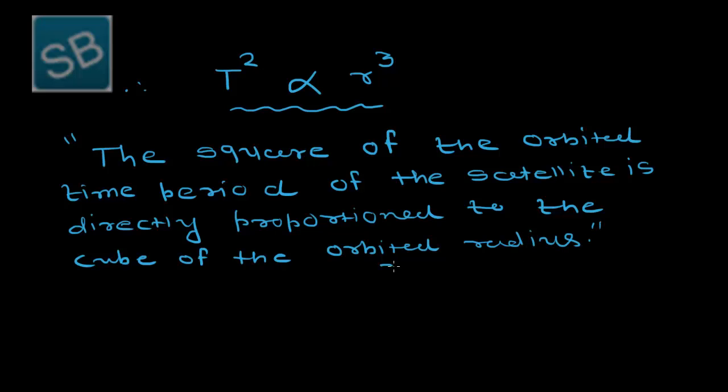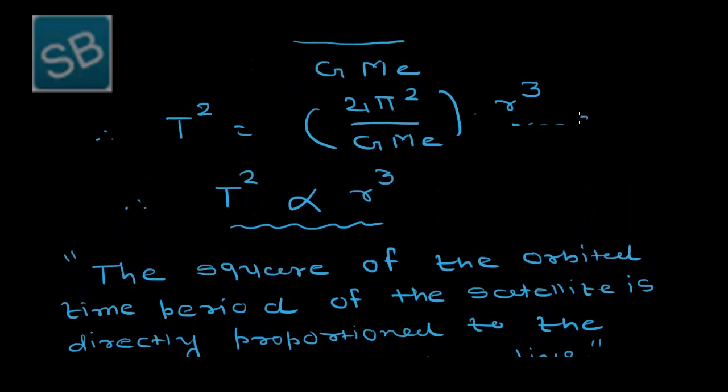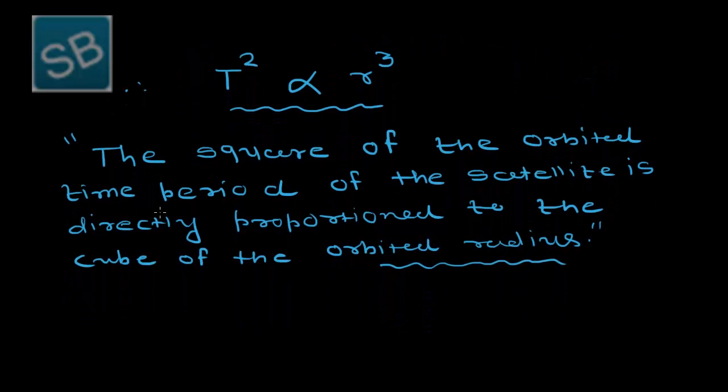And here there is a specific meaning to write down orbital radius, because we have to distinguish this term with respect to radius of the earth. Now recall this equation. This is equation number 3, and this particular statement is known as Kepler's third law.